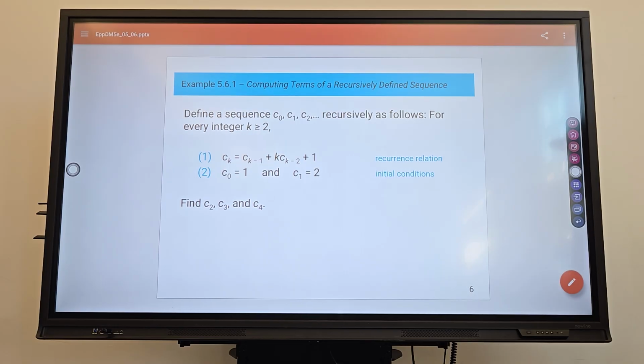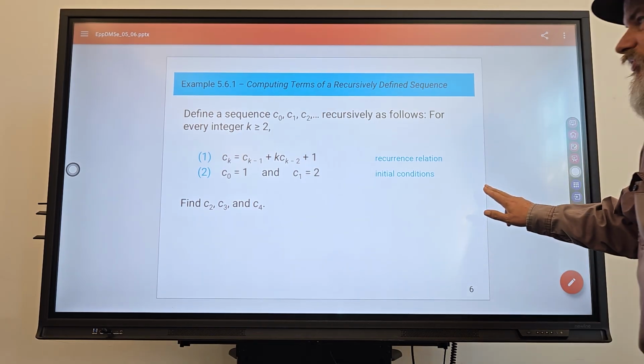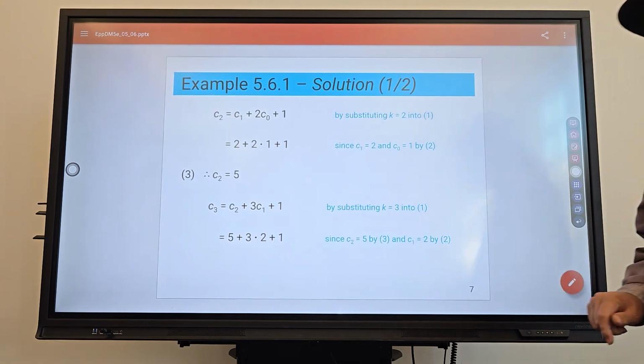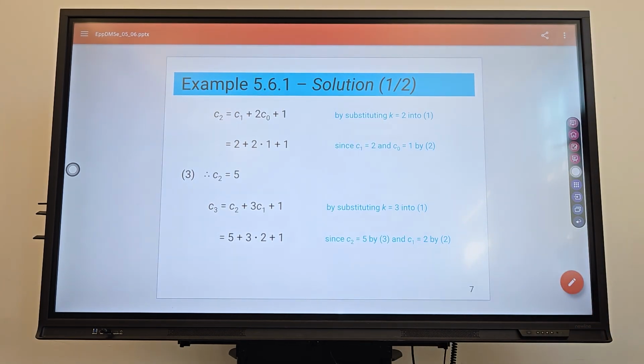C sub 0 equals 1, and C sub 1 is equal to 2. So to find C sub 4, you would need to calculate C sub 3 and C sub 2 beforehand. So it's not a fixed number of iterations of substitution.